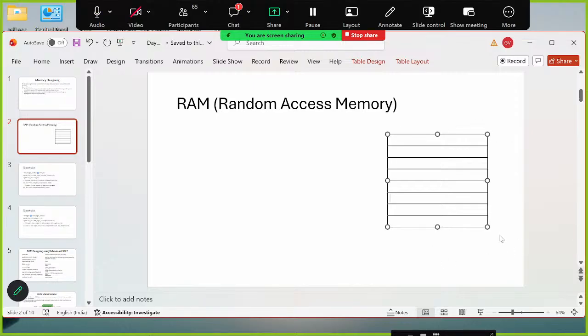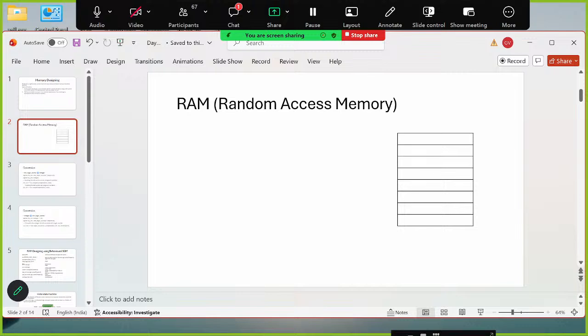We are having 8 registers, and each register can hold 8 bits of data. For example, each register can hold 8 bits of data.